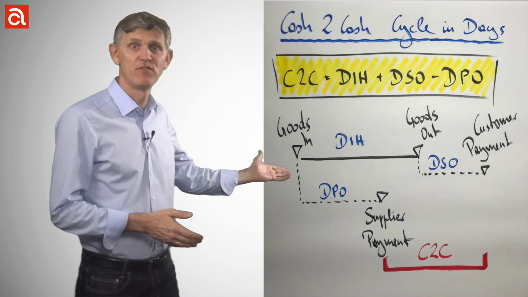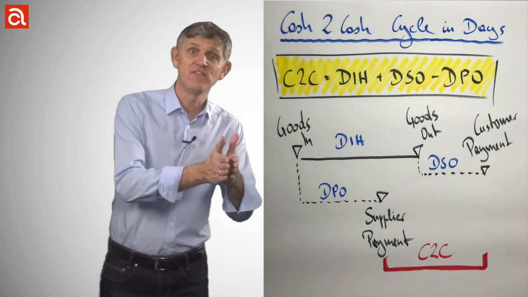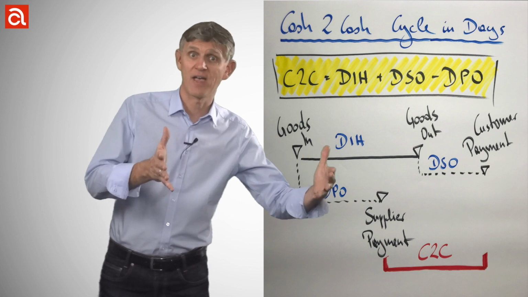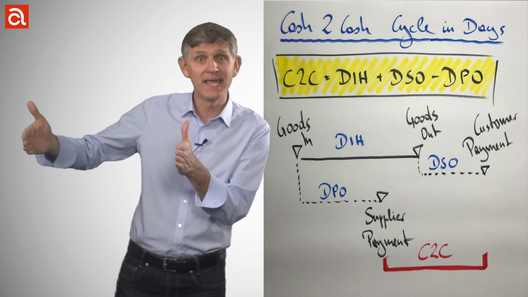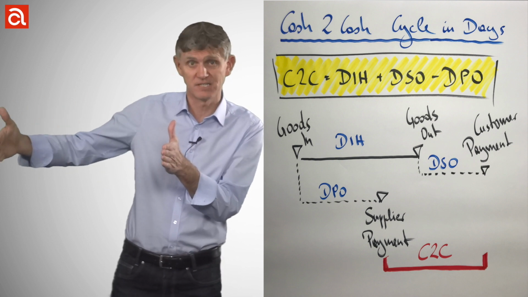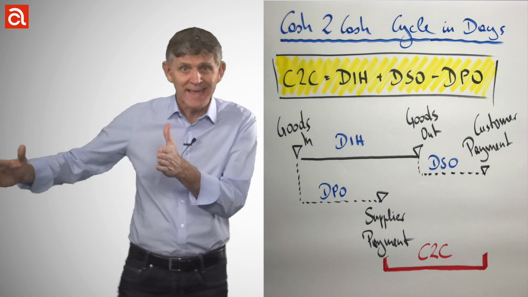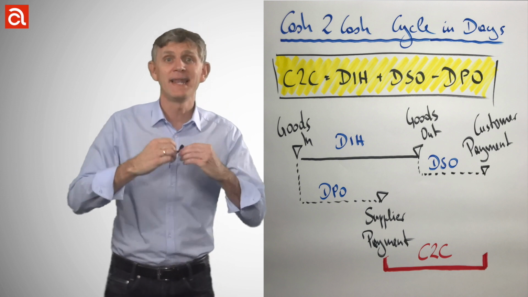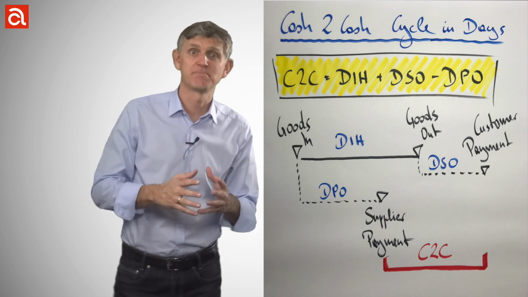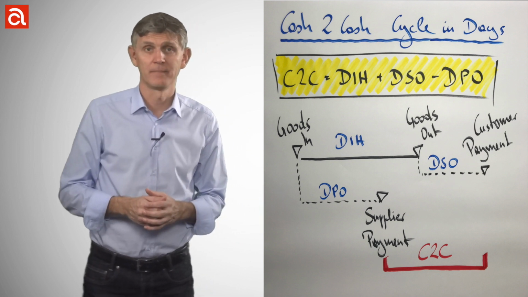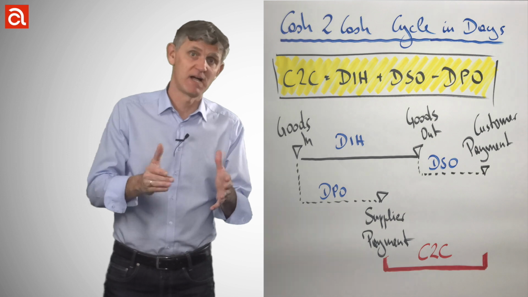As you can see here in the formula, the cash-to-cash cycle is defined by the days inventory hold, so the days you have a stock in your warehouse, plus the days delay, or the days the customers pay, days sales outstanding, minus, and this is the positive effect, the delay I pay to my suppliers expressed by the days payable outstanding. And of course, the cash-to-cash cycle ideally should be as small as possible.